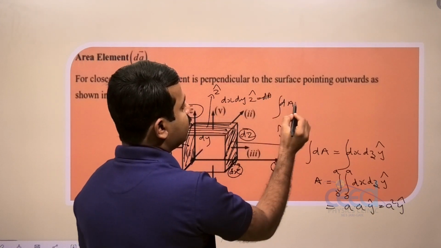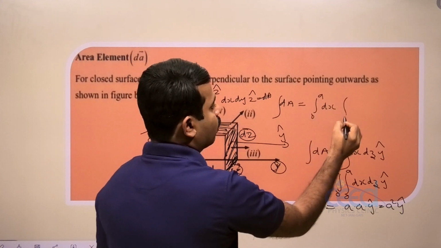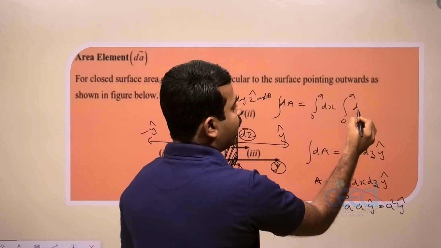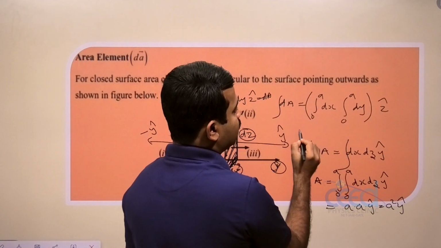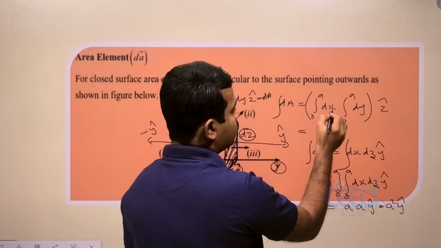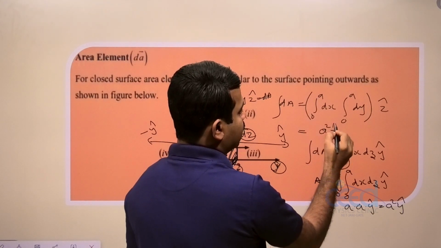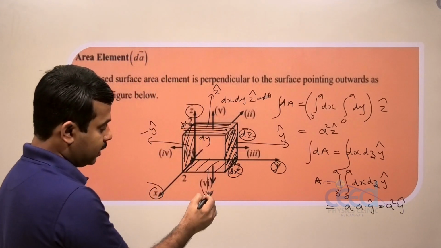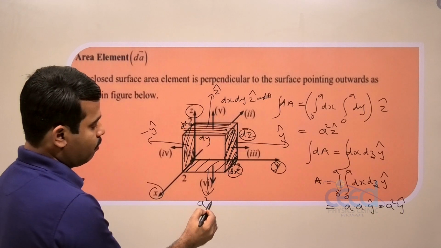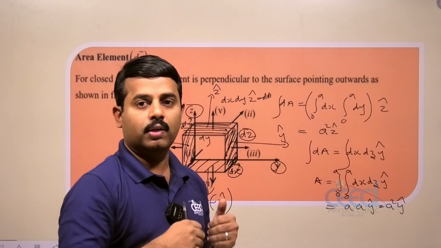When you integrate this dA, you get 0 to a dx, 0 to a dy, and the direction is z cap. This is a, then this also a, so a square z cap. Then the downward area you can write as a square minus z cap, because it is the same area downward.